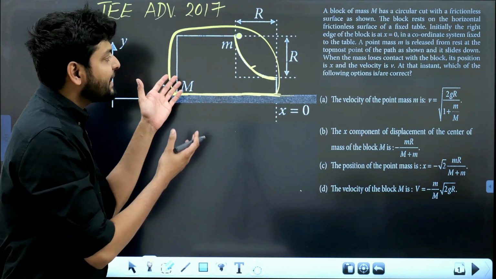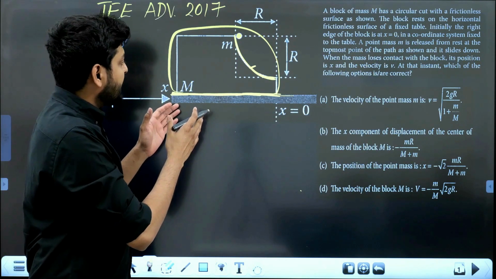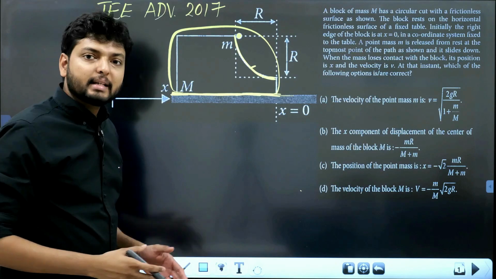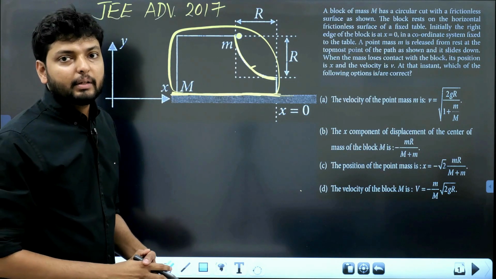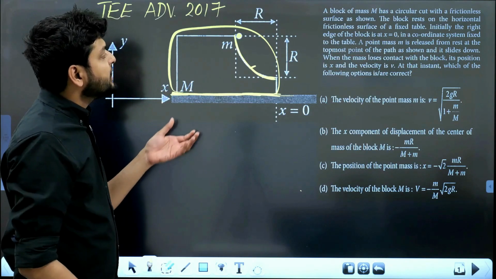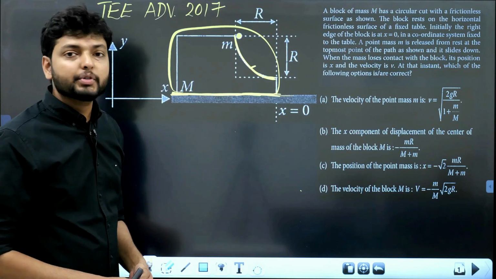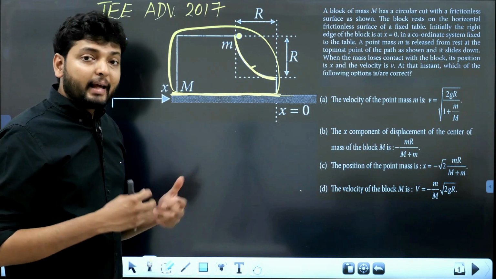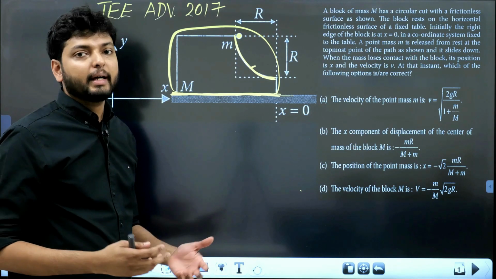So now let us analyze the forces on this system. Can I say that there is no external force on the system in the horizontal direction, right? Since the surface is frictionless, there is no external horizontal force on the system. So then I can conserve linear momentum in the horizontal direction.